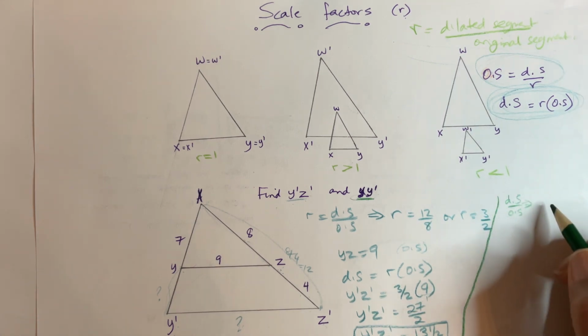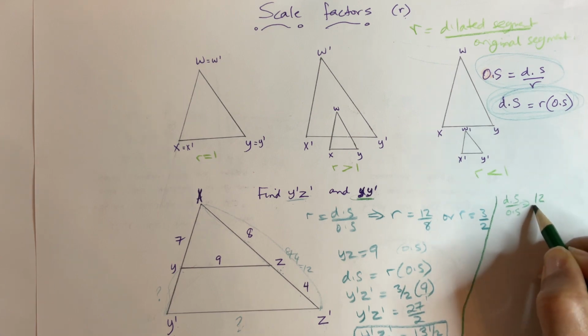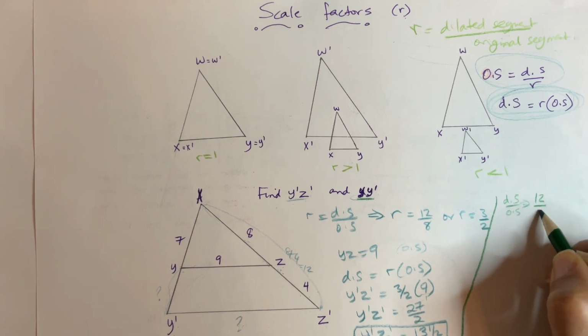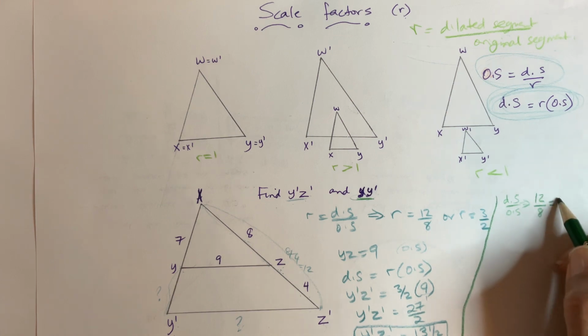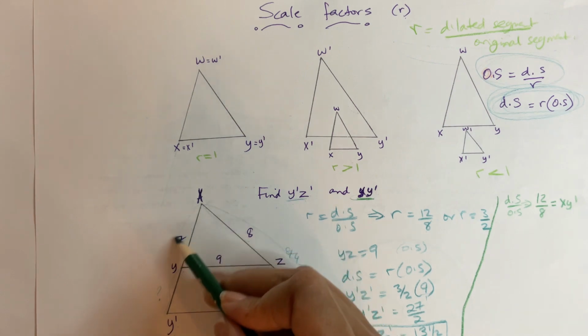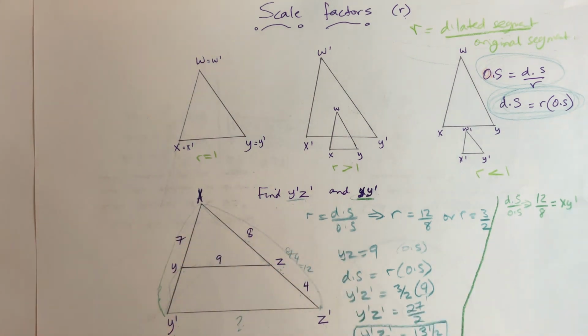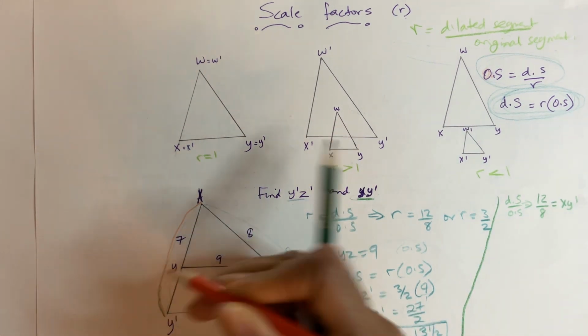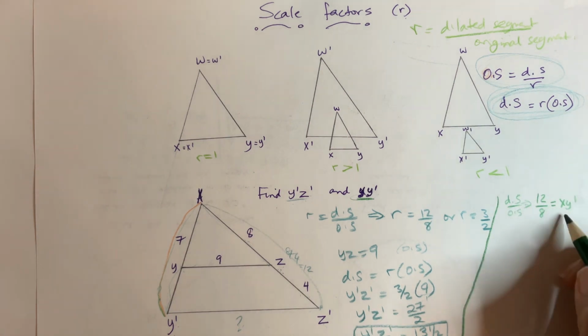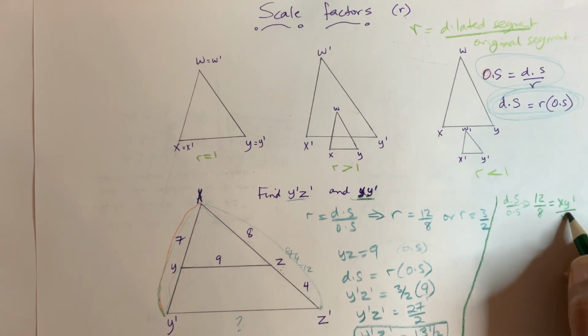We can have our dilated, which is 12 over 8 for a scale factor, set equal to XY prime, which is our dilated on this part. That will be this side. And our original would be XY here, which is 7.